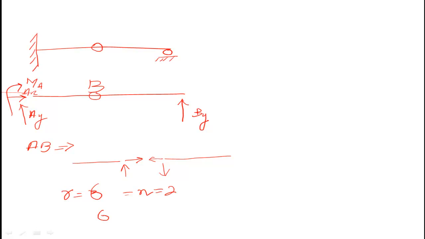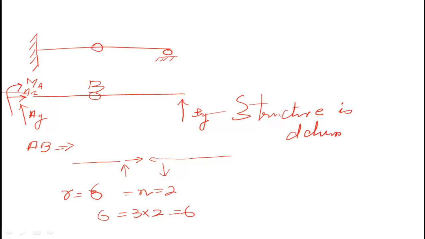Therefore 6 is equal to 3 multiplied by 2, which is also 6. This shows that the structure is determinate. I hope it's clear now how to calculate the determinacy of the structure.